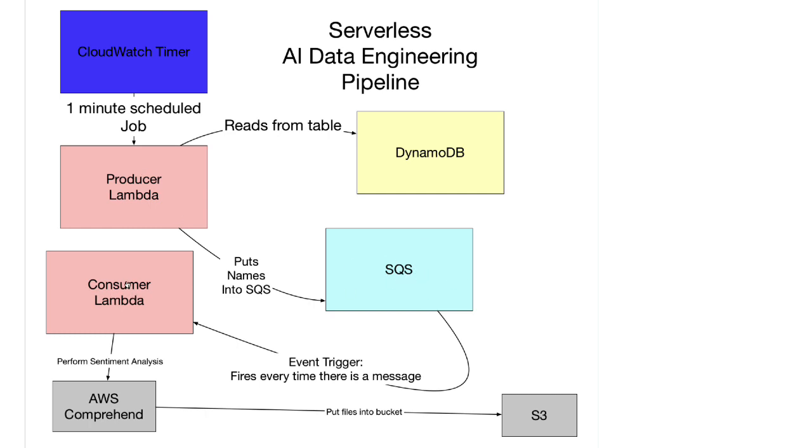SQS has a Lambda that's listening to it, and it gets triggered and called every single time you put a message in. And then we do some scraping and then do natural language processing and put it into S3. And this is, I think, a really good pattern to use if you were going to build out a more sophisticated data engineering pipeline using cloud-based tools.